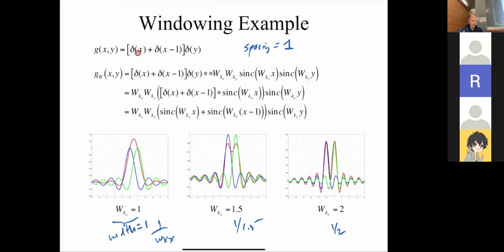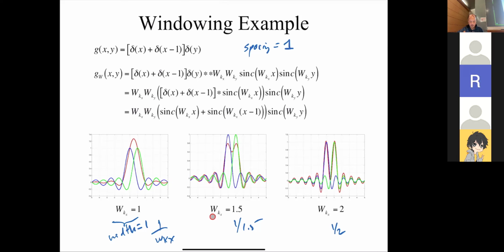So if I convolve my object, which is just 2 delta functions, with the sinc function, then one sinc function is here in blue, one's in green. And if I sum the two up, I just get one overall function in red. So at that point, those 2 dots, I can't really resolve them, right? So when I'm right at the limit of my design function, I can't resolve those dots. The effective width of my sinc function is just too big, okay?